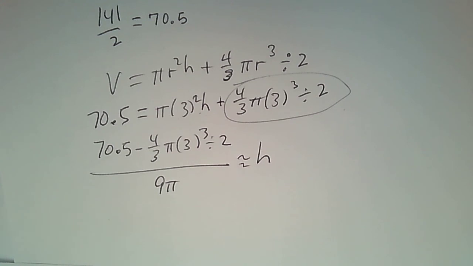And then in the denominator, I have 9 pi. So what would that give me for the height using that formula? Now I get a small answer, like 0.5. That is the answer. So when it's half full, the height is 0.5.